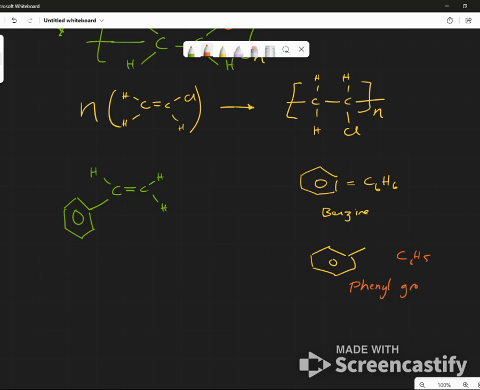Benzene is the molecule. But when it's added onto something, we call it a phenyl group, or a benzyl group, actually. Don't worry too much about this, because we will look at benzene later. That's when we add it to something else, it's a C6H5.